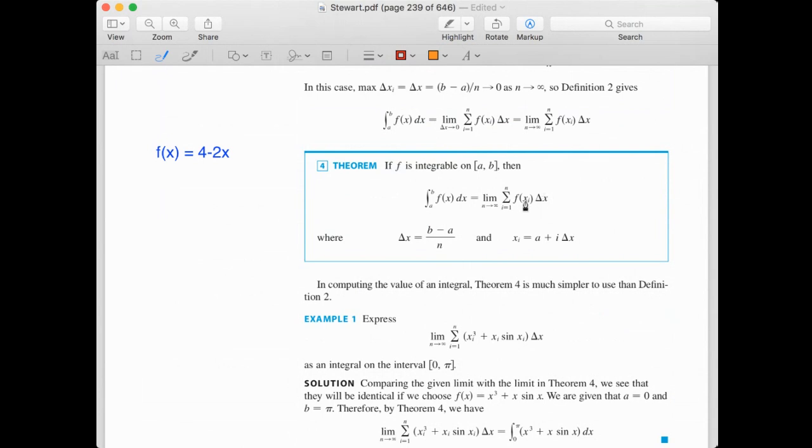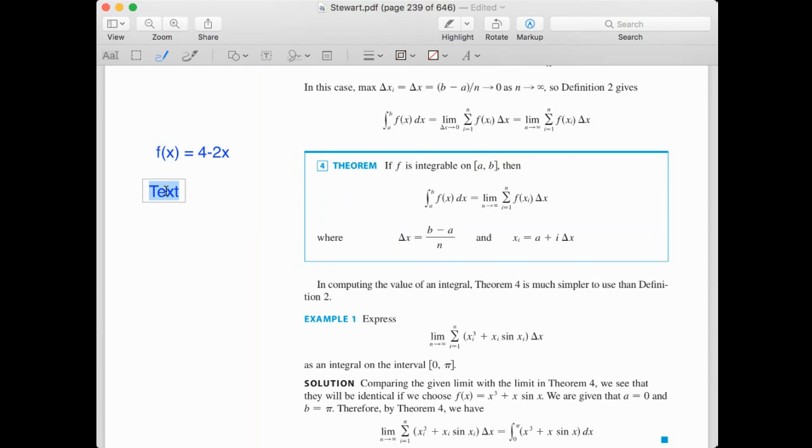We have a equals 2, b equals 5. So the upper limit and lower limit were given: 2 to 5. So we have to use this. What is our delta x?